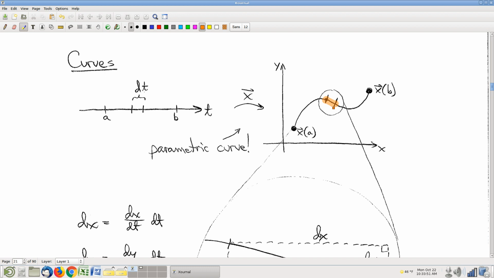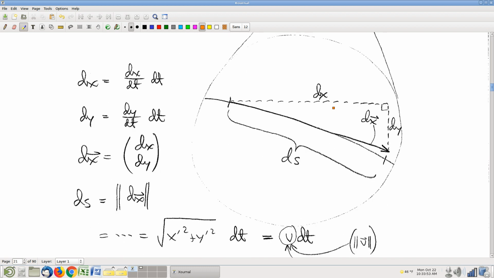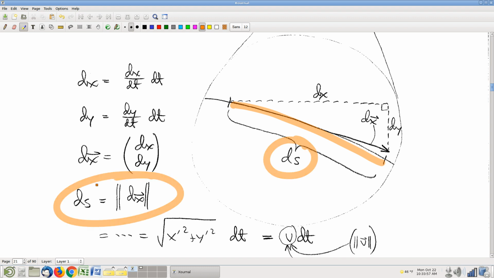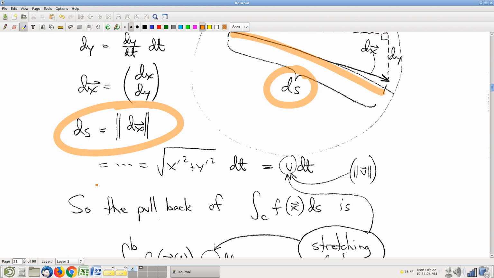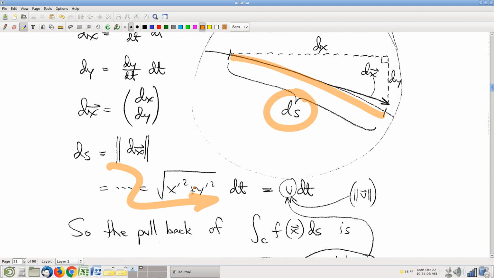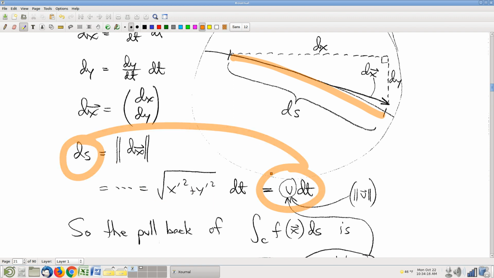I want to know ds. ds is the magnitude of that dx vector. It's the length. Okay. And it's a Pythagorean calculation. That's the hypotenuse of a right triangle, and no surprise, ds is speed times dt.